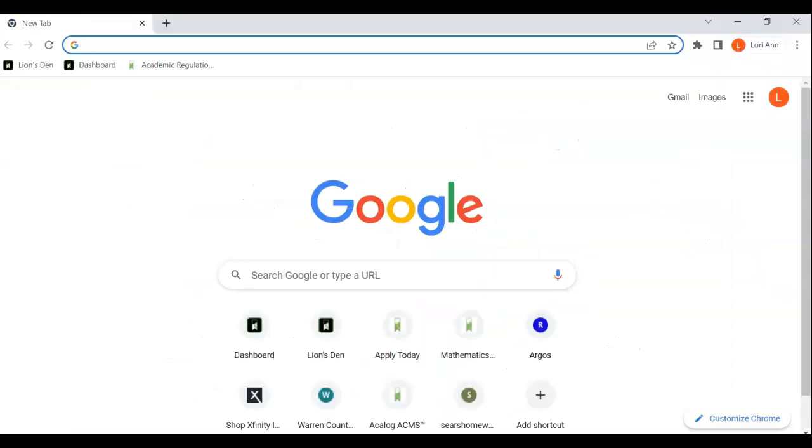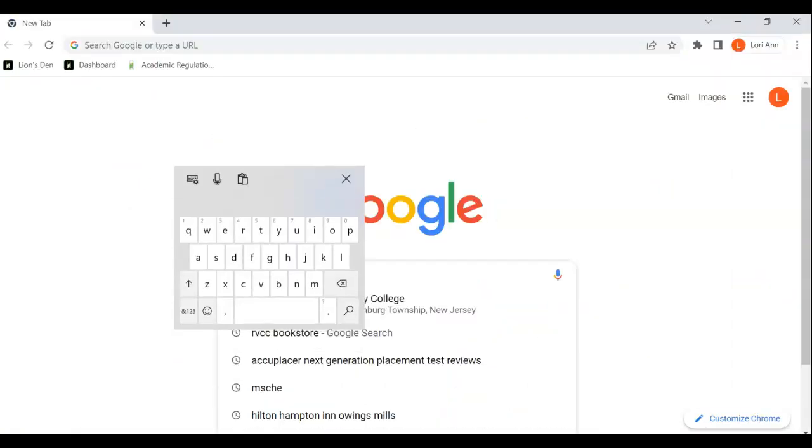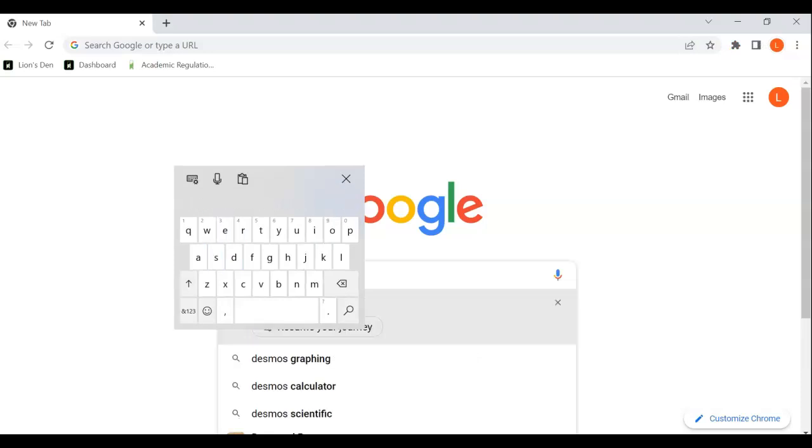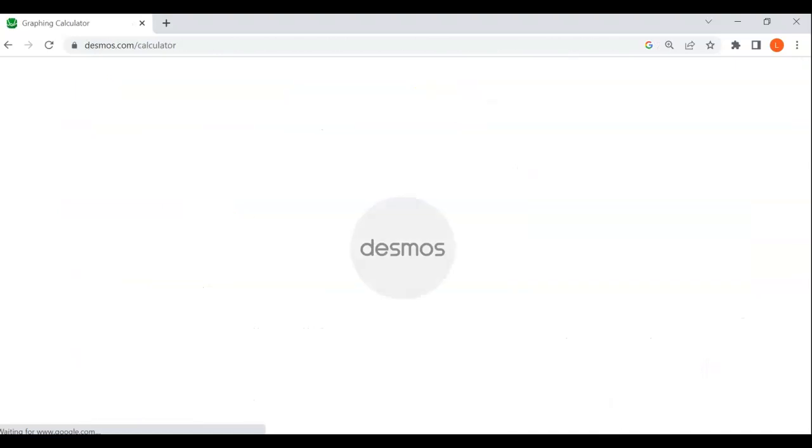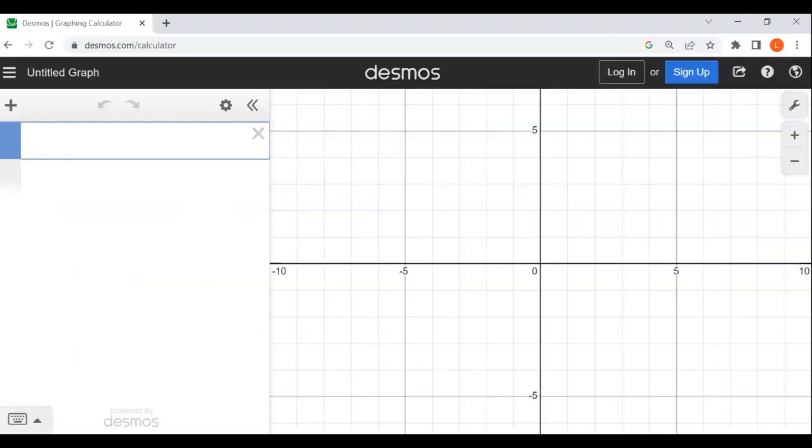All right, let me get in there. Always great. You're going to use Desmos a lot. So if you have one of these smartphones, get the app. Really helpful.